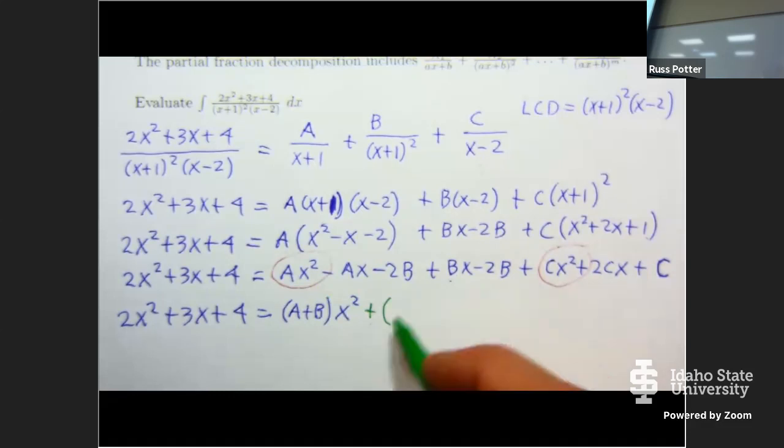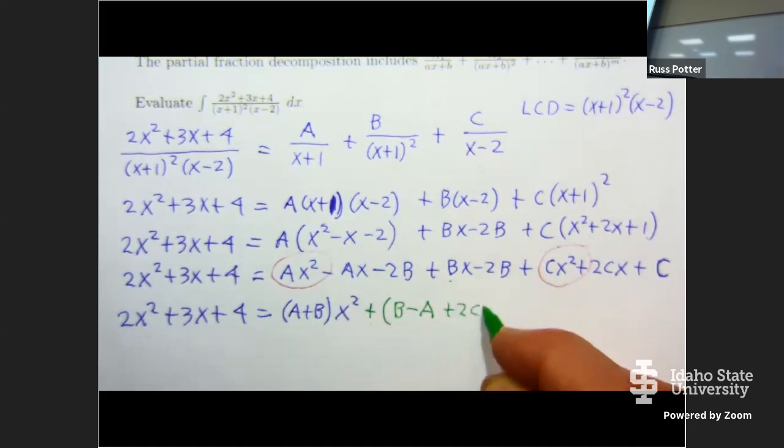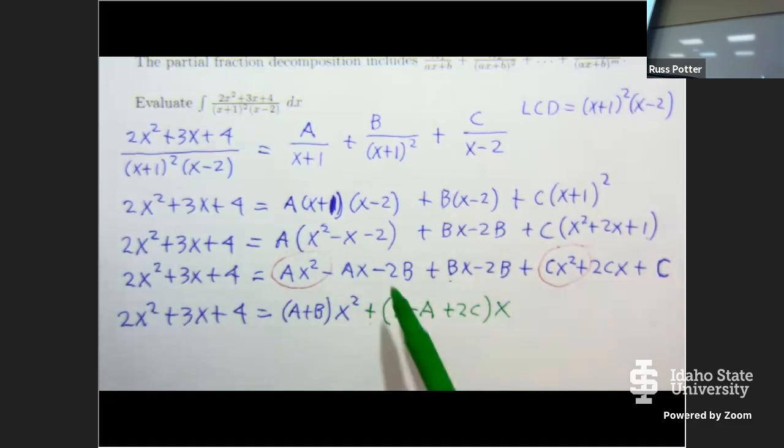So plus b, and then I'm going to write minus a plus 2c. This is times x. So we dealt with all of the terms that just have x.